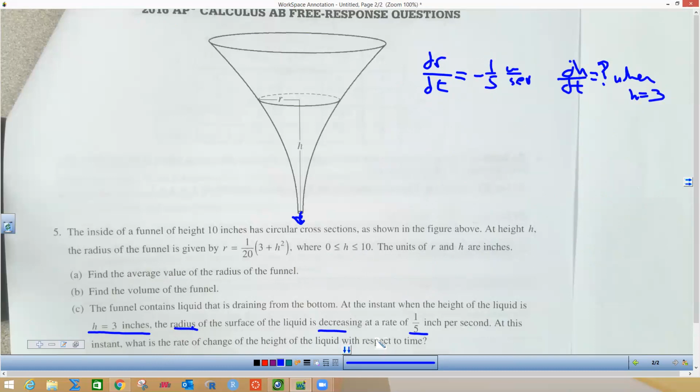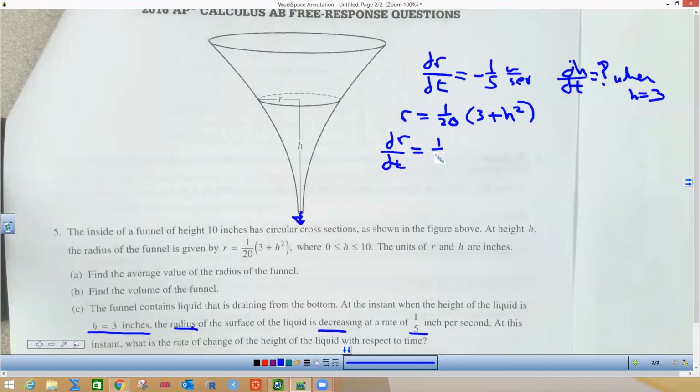So we need to take our function, and we need to take this function here, which is r equals 1/20th times 3 plus h squared, and we're going to want to do the derivative of this thing, because we need to get all this stuff in there. So when we do the derivative of r with respect to time, we get dr dt.